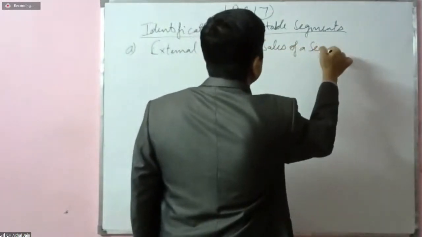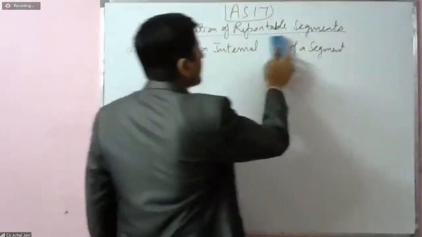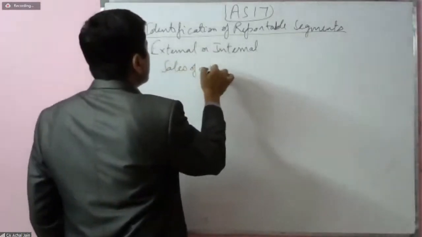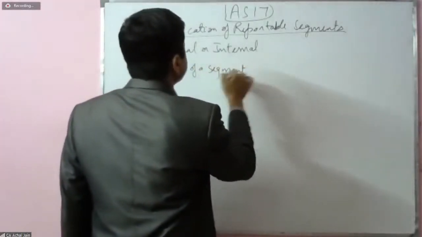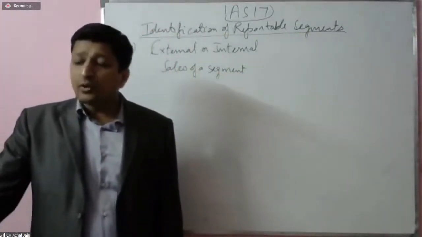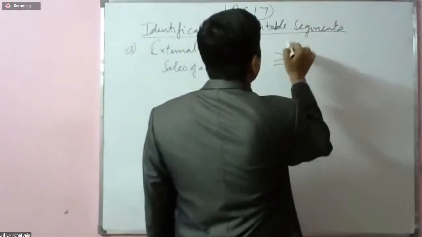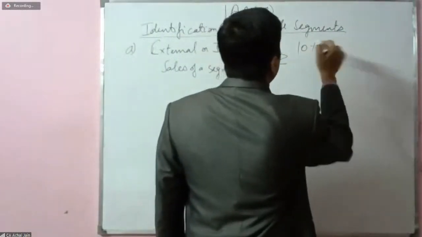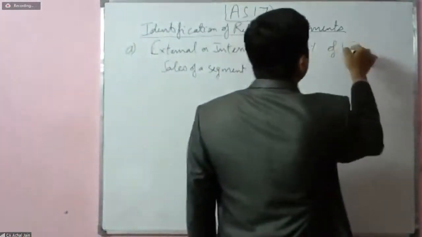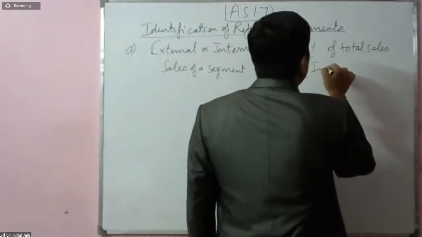External or internal sales of a segment are 10% or more of the total sales. Are more than or equivalent to 10% of total sales, covering both internal and external.